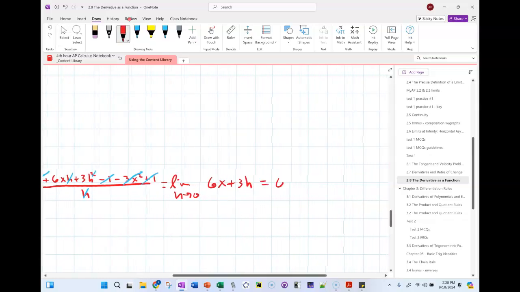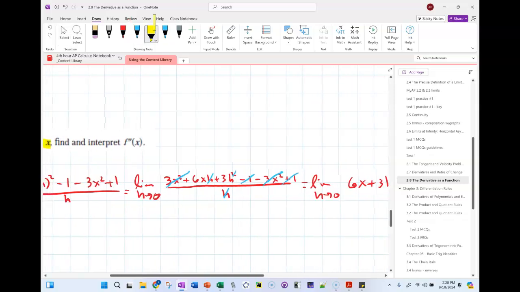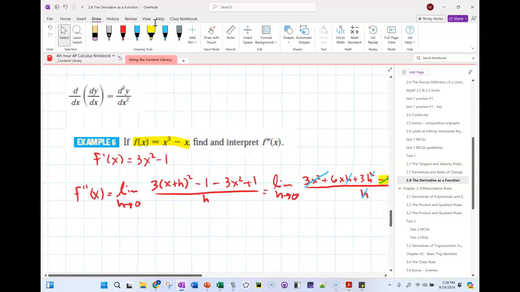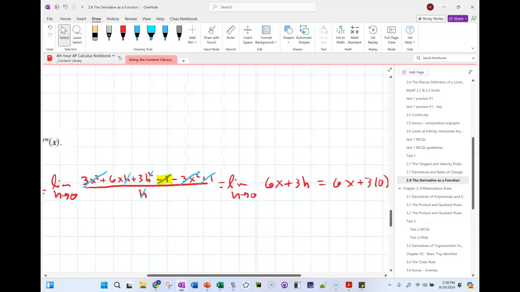When I plug 0 in for h, I get just 6x. So this minus 1 is that. And then this plus 1 is when I distribute the negative sign through the 3x squared minus 1.